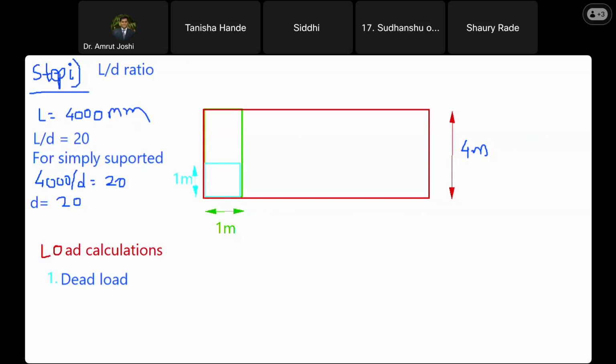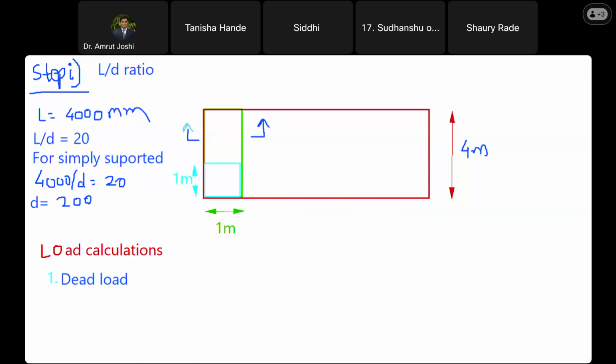And this is the effective depth. Are you with me? Yes, sir. So what should I add in this? If I draw the cross section of this slab, a section like this, how does that section look?